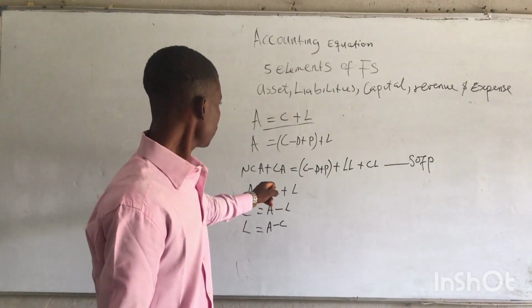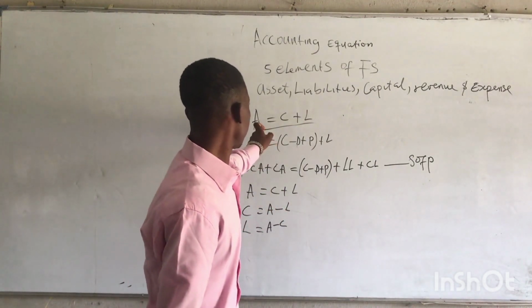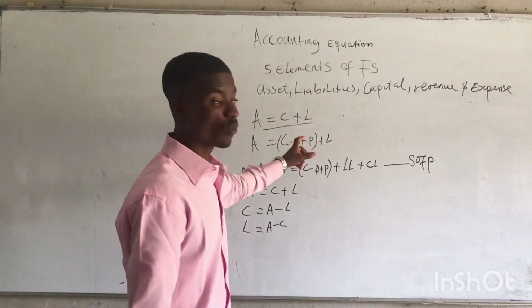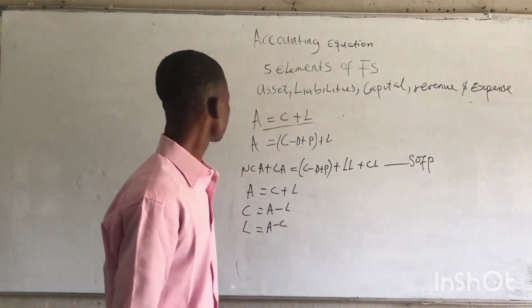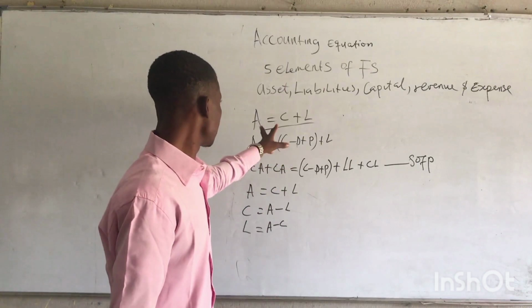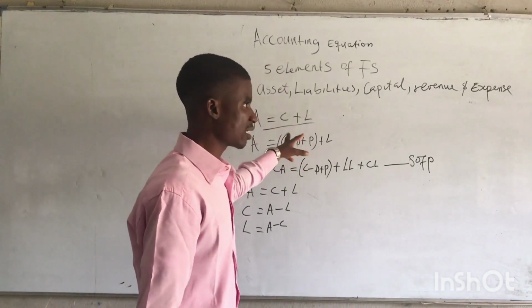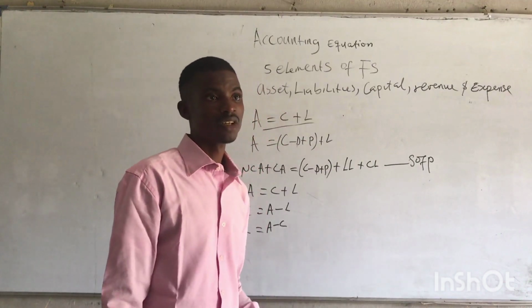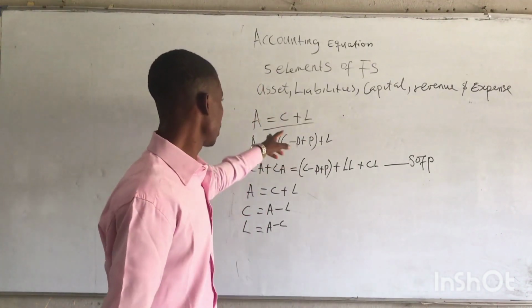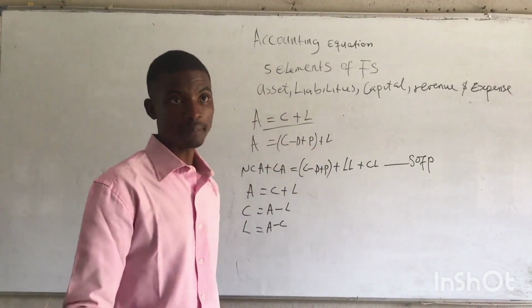So this is what the accounting equation is trying to explain. But now let's look at how true this equation is and the effect that this equation usually has on treating transactions in the balance sheet, or posting transactions in the balance sheet.